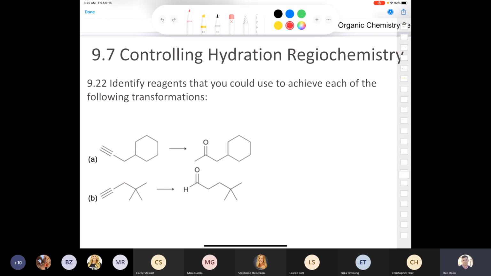Just Markovnikov or anti-Markovnikov, what would it be? Yeah, exactly. All my students are nailing it, right? It's a Markovnikov addition, isn't it? If it's a Markovnikov addition of water, what are we going to use? We're going to use sulfuric acid in water and mercuric sulfate, or mercury(II) sulfate.